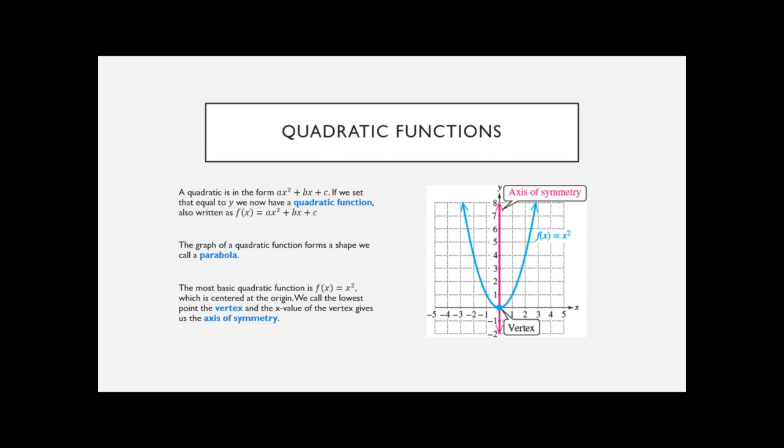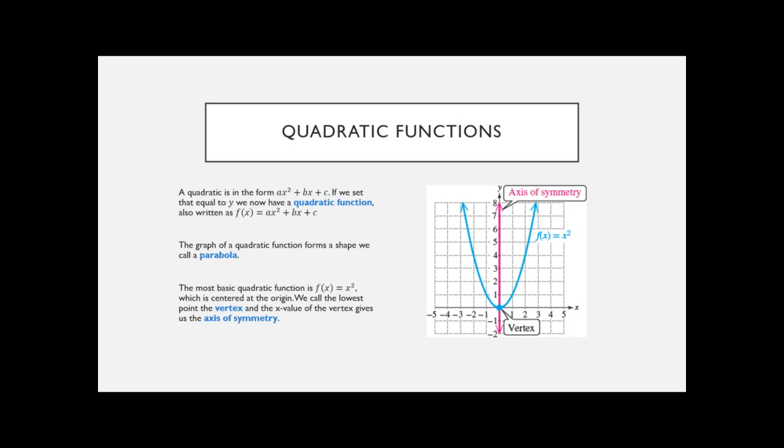They form basically a U shape, which is called a parabola. The basic form of this is just f of x equals x squared, and then you have things that are added or subtracted to that can affect the shape. When we're looking at it from a graph, the center is the axis of symmetry, and that's where it makes a mirror image.